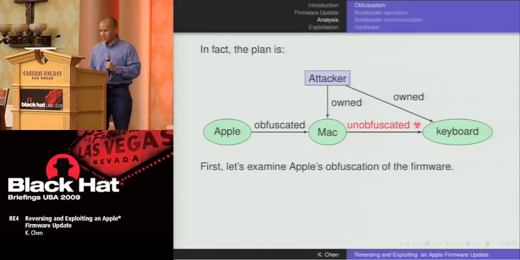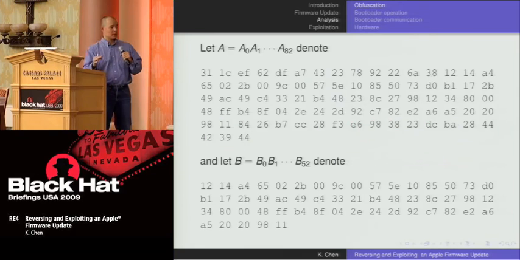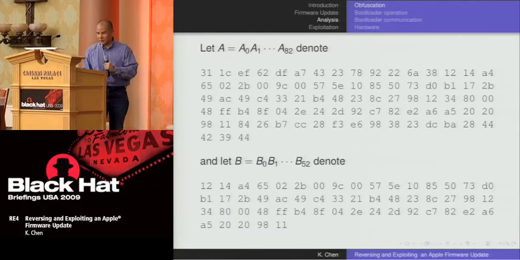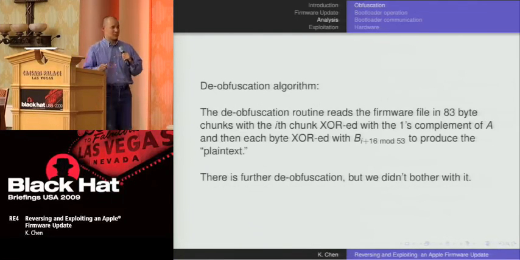Now let me say a little bit about the obfuscation. If A is this 83-byte sequence and B is that 53-byte sequence, then the deobfuscation algorithm is that. And clearly this engineer did not know cryptography.